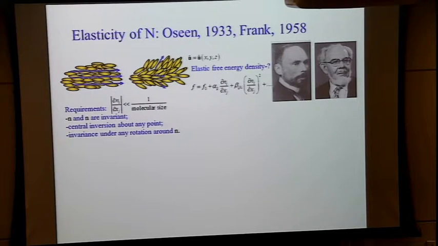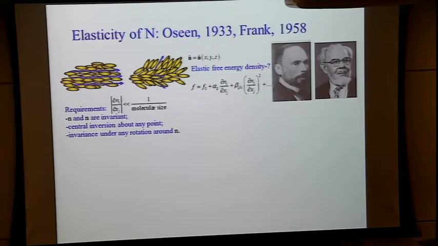So that was the situation for most of the 20th century for all the people until Oseen in '33 wrote the preliminary draft of the elastic theory, and then Frank finished it in '58. So the idea is the following. You have the uniform ground state, and then some external forces like electric field or surface boundary conditions want the director to be deformed.